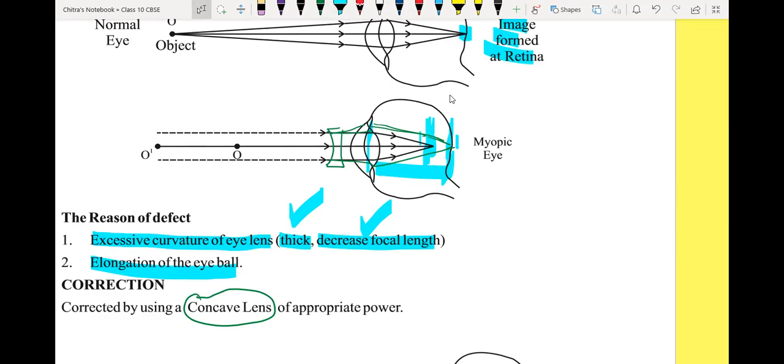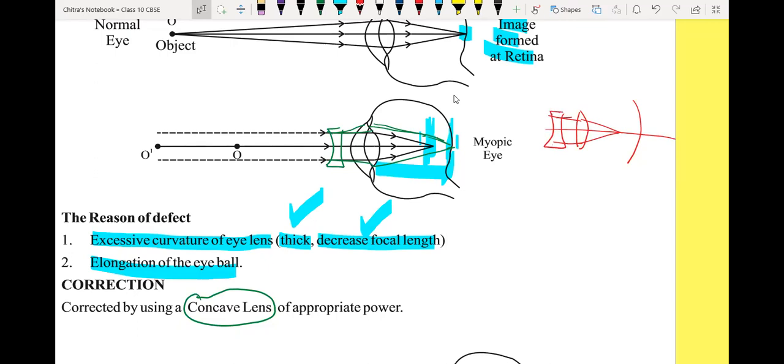Now observe here, I am drawing one image. Suppose this is the eye lens and this is the retina. Its focal length has decreased in this defect. Light rays incident on the lens parallel to the principal axis, and the image forms over here for the normal eye. Suppose we keep the concave lens over here; it is going to diverge this light.